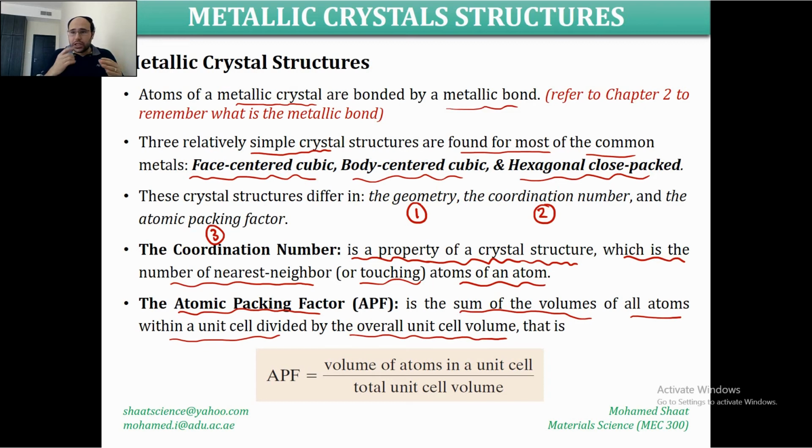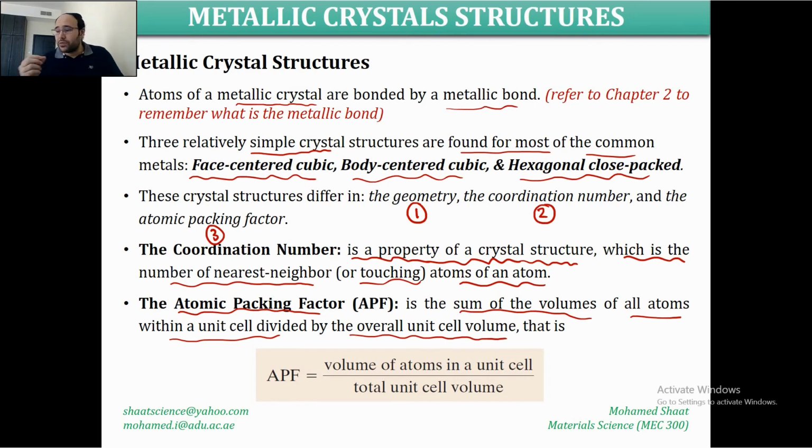So this atomic packing factor gives us an indication of how crowded with atoms the unit cell or the crystal is, how much crowdedness of these atoms inside the unit cell, whether it is crowded or not crowded with atoms.